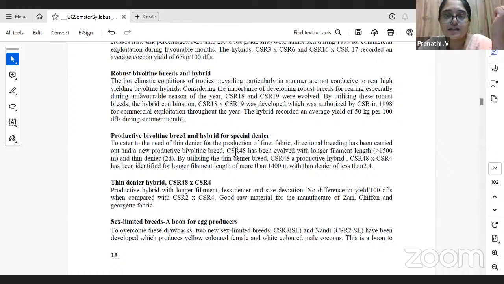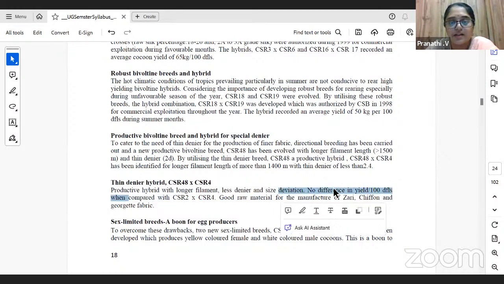You're going to take around CSR 48 with a longer filament length of more than 1500 meters and thin denier, and by utilizing the thin denier breed, you're going to get a productive hybrid having a filament length of more than 1400 with thin denier of less than 2.4. So the thin denier hybrid CSR 48 and CSR 4 has been formed in this way.